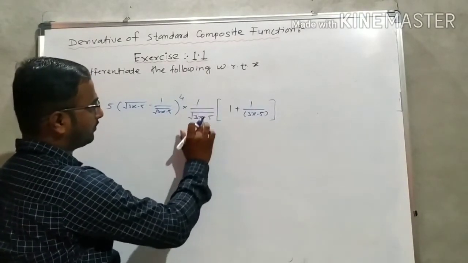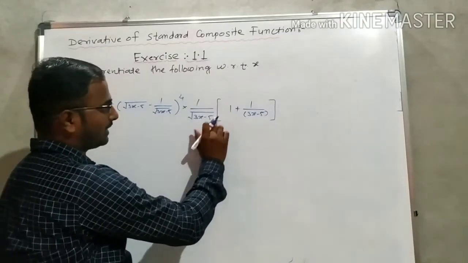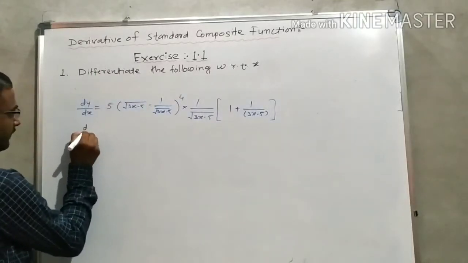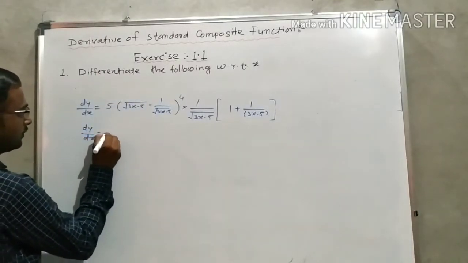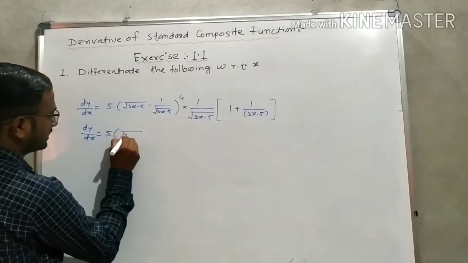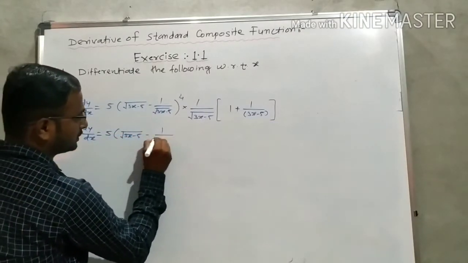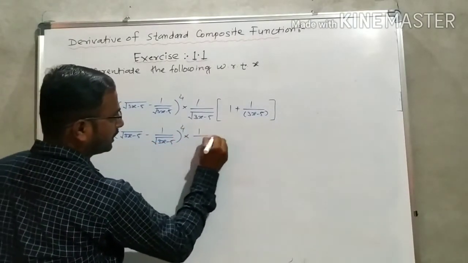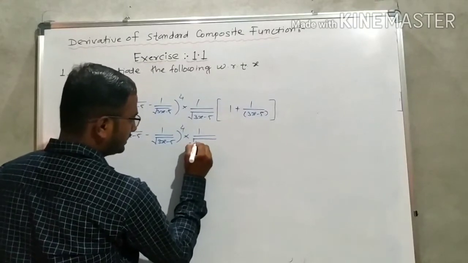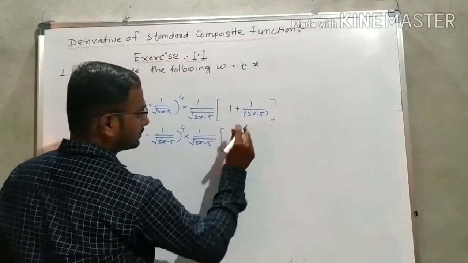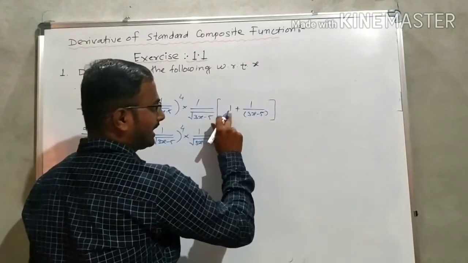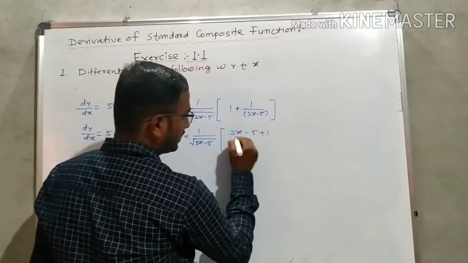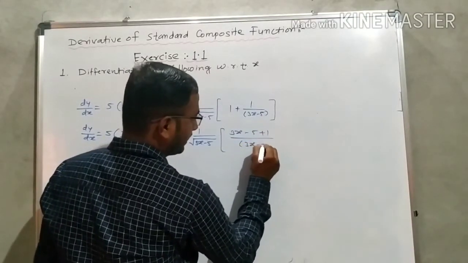From both we had taken the common term, 1 upon square root of 3x minus 5 remains, and in the bracket 1 plus 1 upon 3x minus 5 remains. So dy by dx is 5 into square root of 3x minus 5 minus 1 upon square root of 3x minus 5, bracket to the power 4, into 1 upon square root of 3x minus 5 into. So this term will be 1 multiplied, so 3x minus 5 into 1, so 3x minus 5 plus 1 upon 3x minus 5.